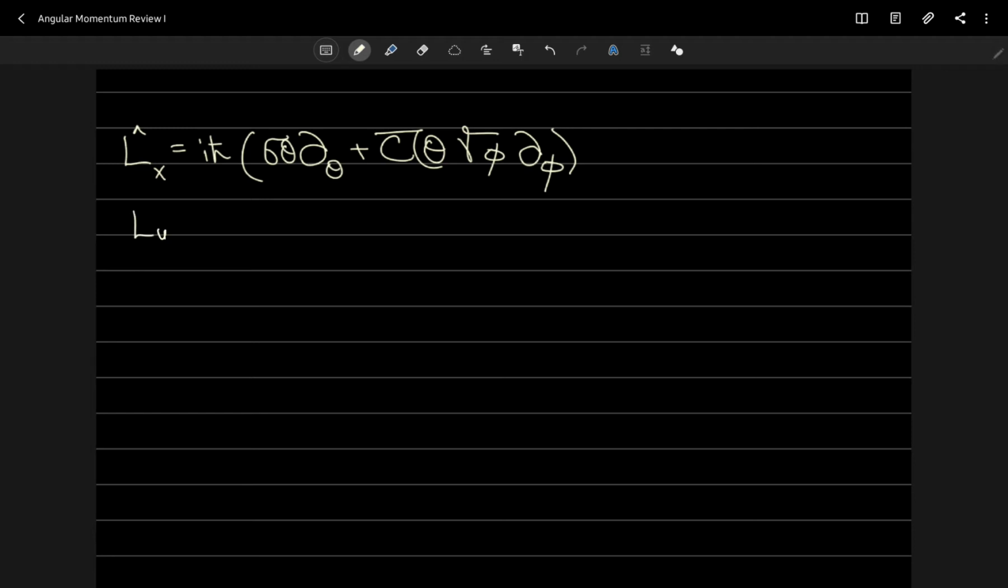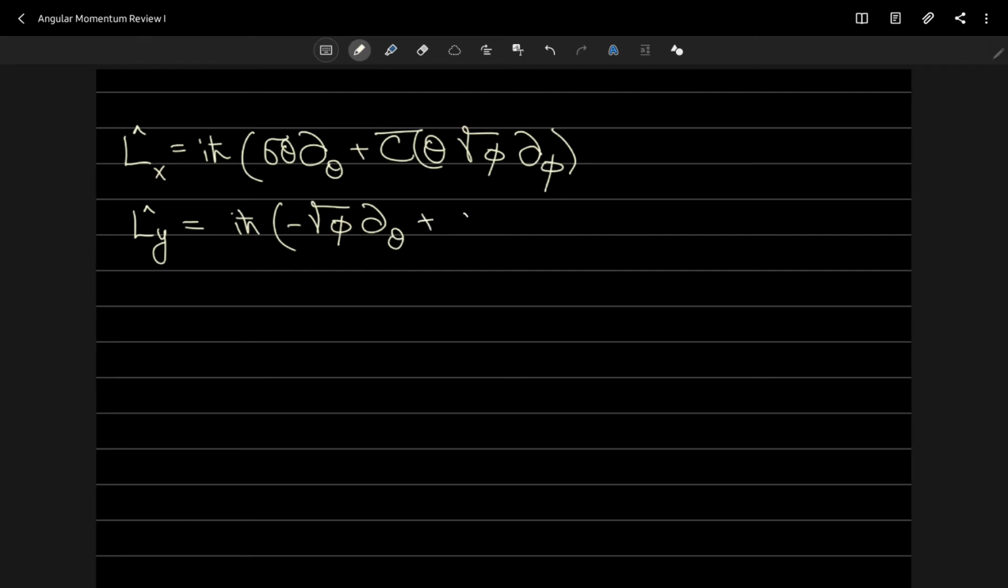Then we have Ly, right? And Ly is equal to iota h bar times minus cosine of phi partial derivative with respect to theta, right?